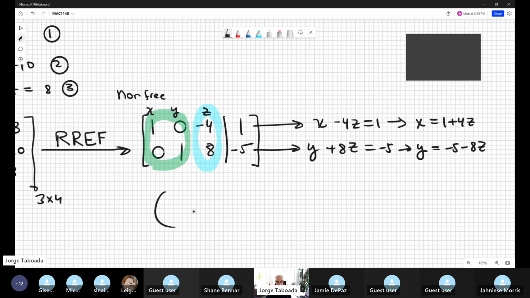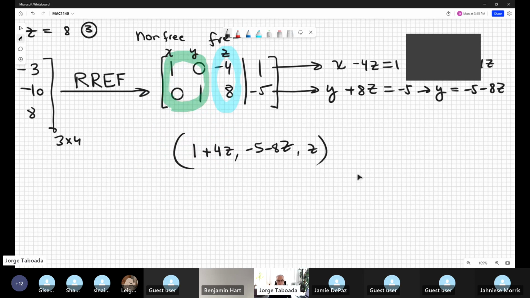And when you write the triple, because it's in 3 dimensions, of course, z is a free variable. We have the x expression 1 plus 4z, comma, the y expression negative 5 minus 8z, comma, z, you can see is any real. Beautiful. Infinitely many solutions.